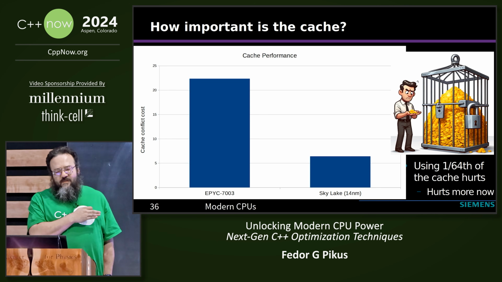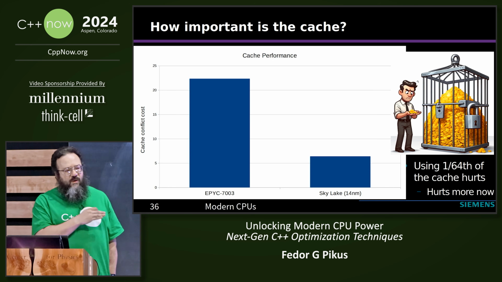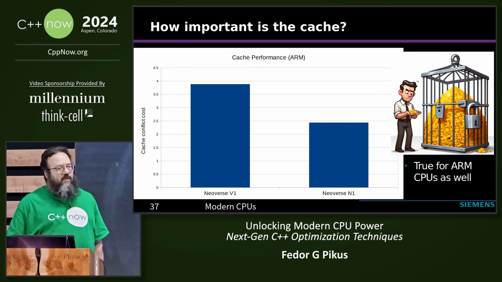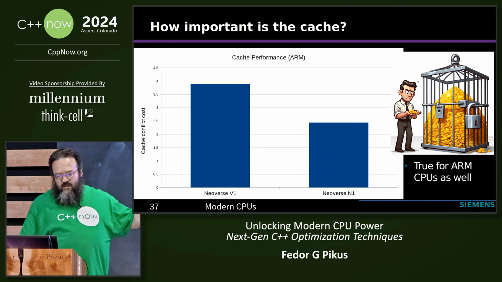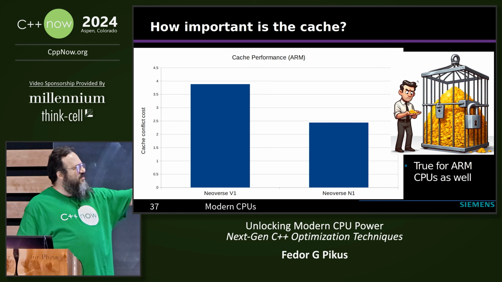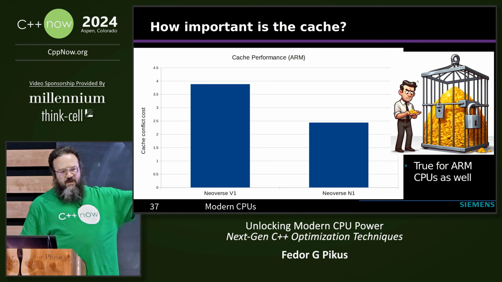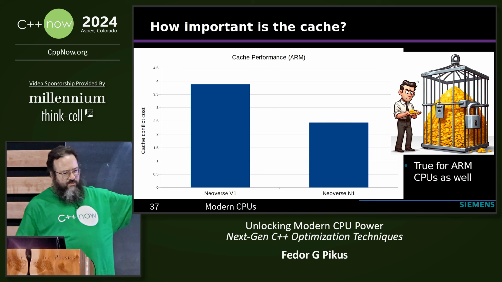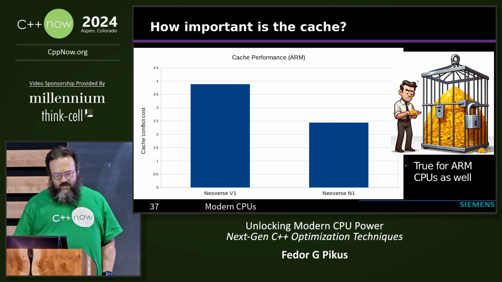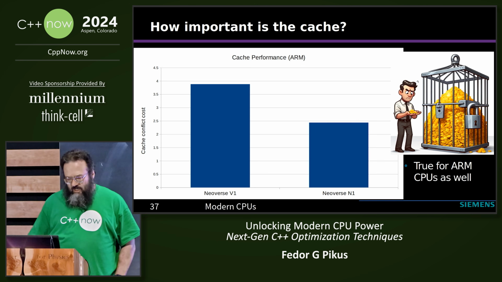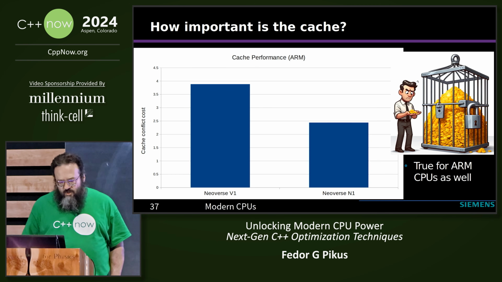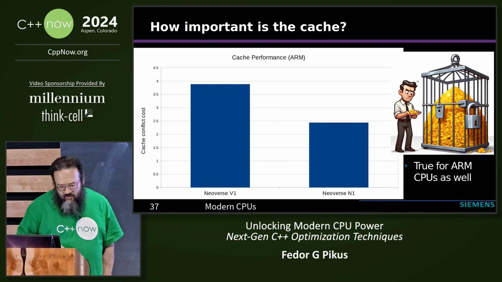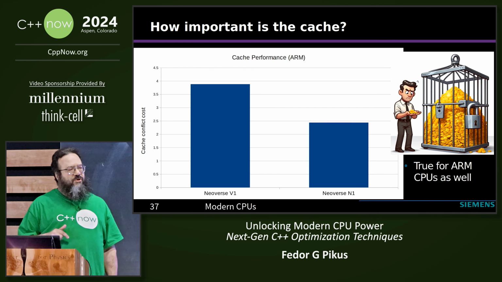They are much more important now than they were 10 years ago. ARMs, the same way. Not to that degree, but also remember, these are 2 subsequent versions of ARM. I don't have a 10-year span on server class ARM chips. So 2.5 times slower on Graviton 2, 4 times slower for row major on Graviton 3.